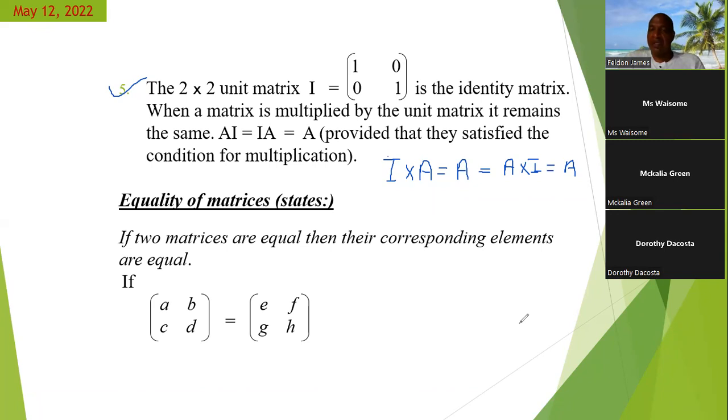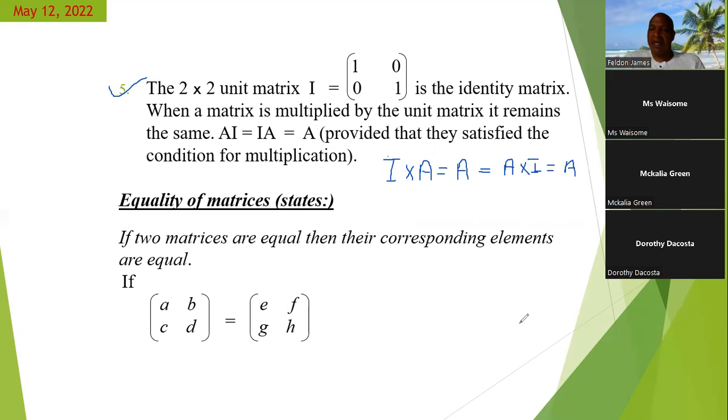But one of the ways in which you can get the same answer when you flip it around is when you are multiplying by the identity matrix. So if you multiply A times I, it will give you the same answer as when you multiply I times A. So what we are saying here is that the commutative property applies in matrices when you're multiplying using the identity matrix. So if you're multiplying a matrix with the identity matrix, you will see that the commutative property works.